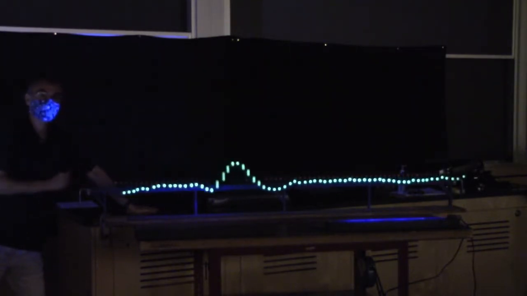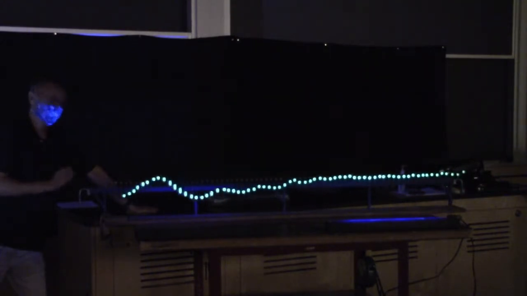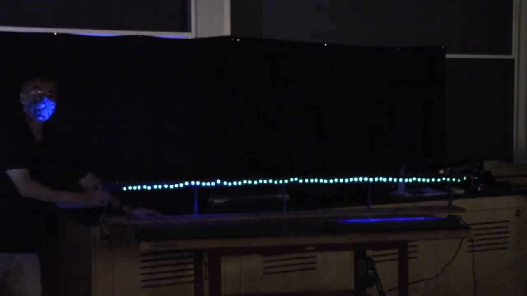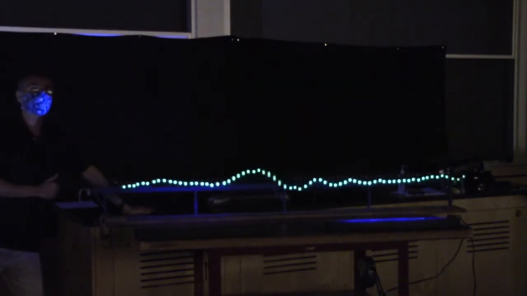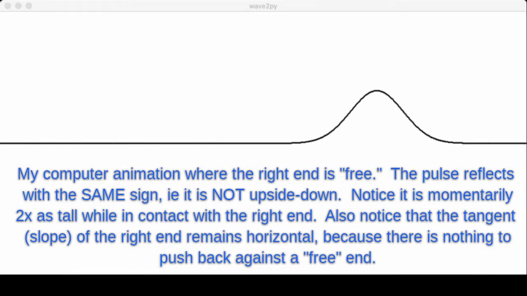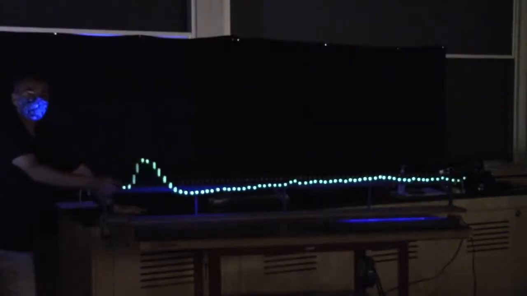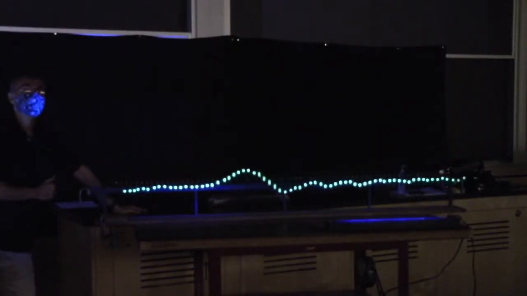So you see it come back with the same sign. So if the beginning is up, then the beginning will be up again. So the front part is up, the front part is still up.